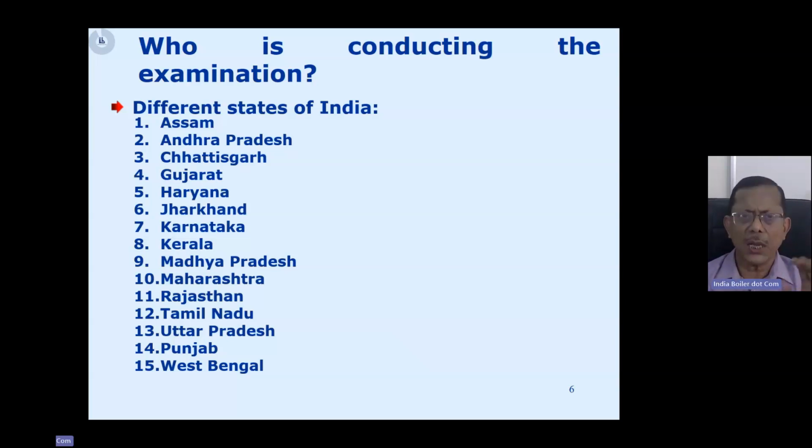For example, Gujarat, then Maharashtra and Chhattisgarh, they are almost regularly every year conducting this examination. Nowadays, Andhra Pradesh and Karnataka is also almost conducting it every year. But some other states like Assam, they have conducted for the first time in 2023, right?